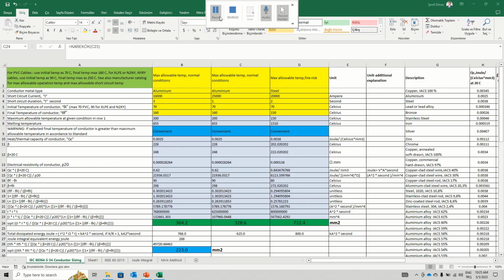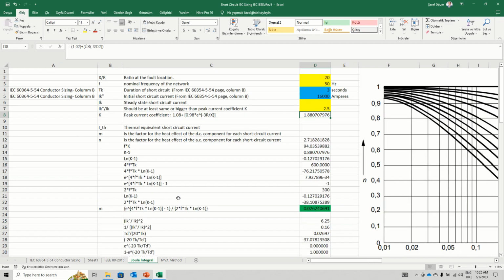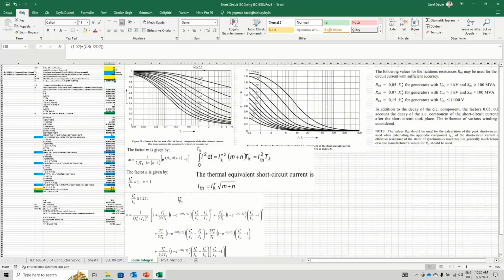Again, we are in our Excel calculation tool for short-term thermal capability of conductor. Firstly, from the bottom part, we will come to the Joule integral page. In this page, if I make it smaller, you will see many things.